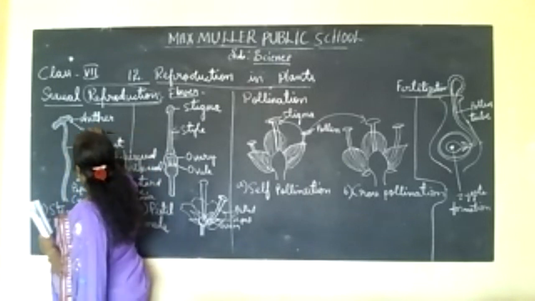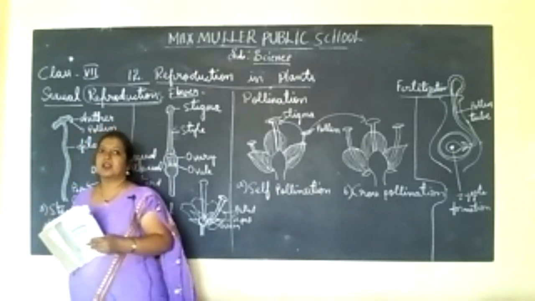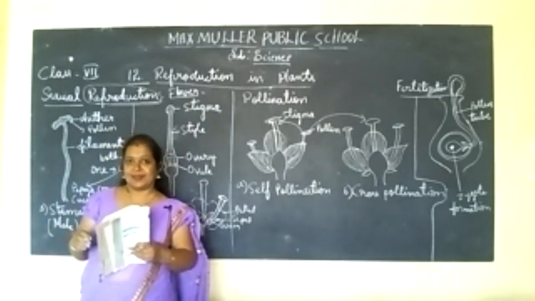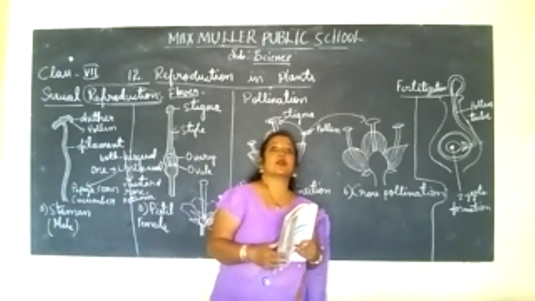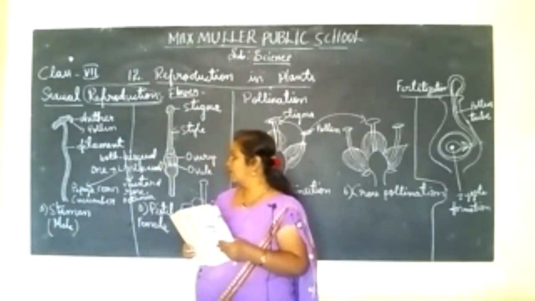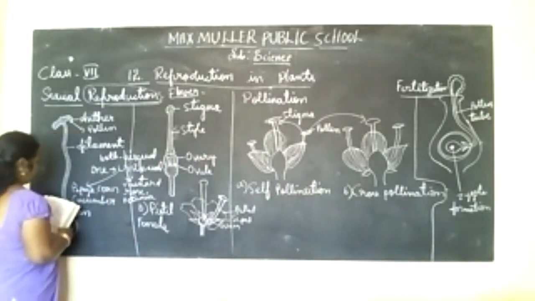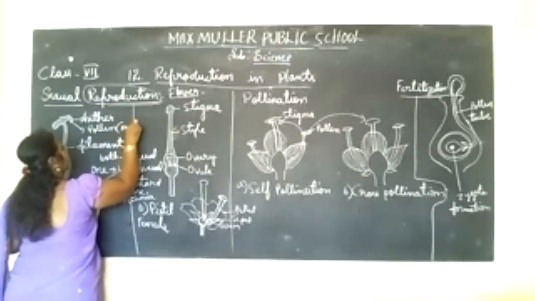We'll call it pollen. Inside it, the pollen grains are present. Those are the male reproductive cells. Male reproductive cells, we will call them male gametes. See, these pollens are male gametes.